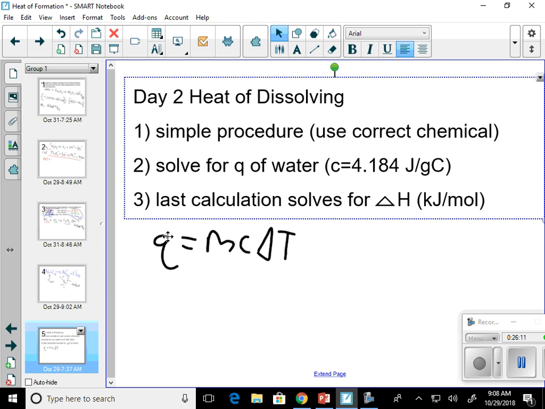Calculation number 2, whatever the water gains is what the solute lost, or whatever the water lost is what the solute gains, depending upon is this endothermic or exothermic. So on that page 4, calculation number 2 is just putting a negative sign in front of something. Calculation number 3, converting to kilojoules. Well, again, that shouldn't be anything tricky.